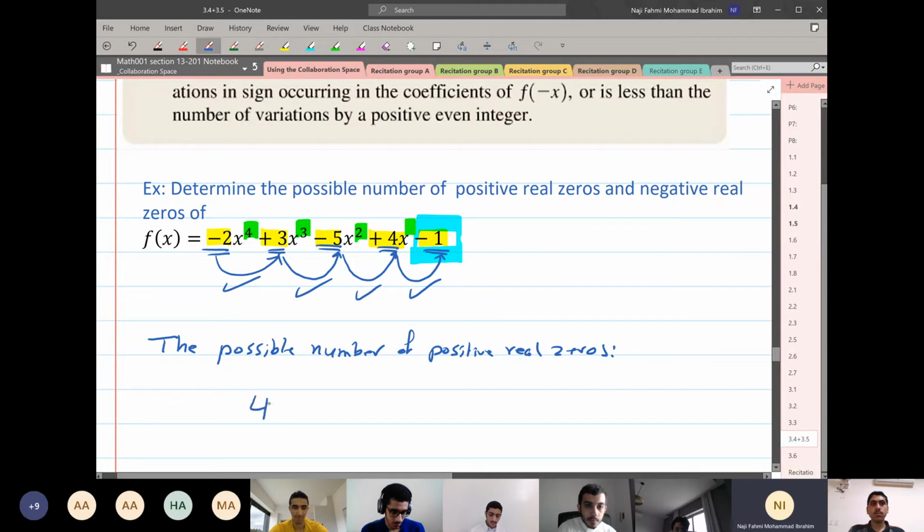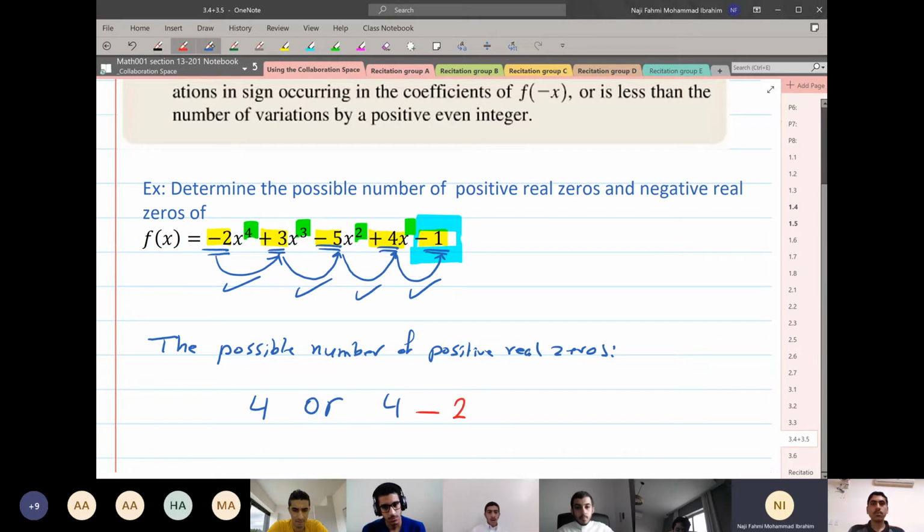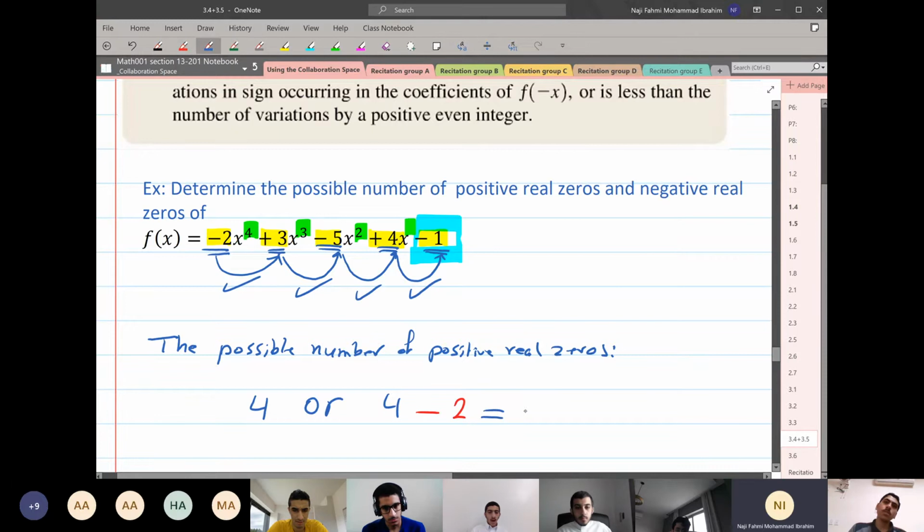This 4 came from where? The number of changes in the signs. But the theorem says what now? This is a possible number. It can be 4 or it can be 4 minus an even number. How much is 4 minus 2? It is 2.